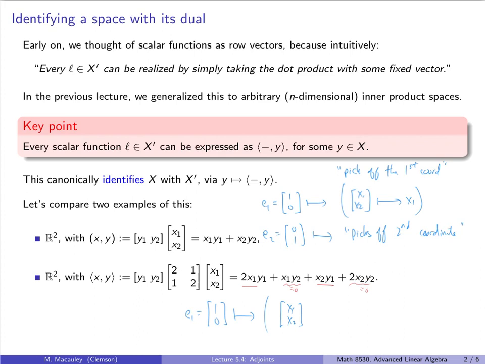And if y1 equals 1, then this gets mapped to 2x1 plus x2. So in other words, under this identification, this vector 1, 0 gets mapped to the linear function which takes 2 times the first coordinate plus 1 times the second coordinate.